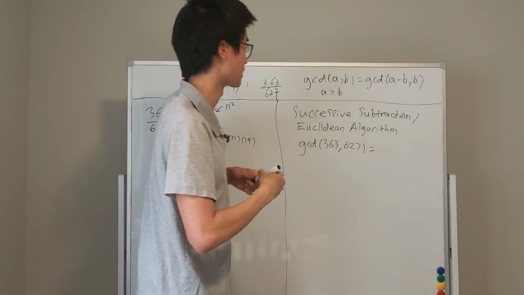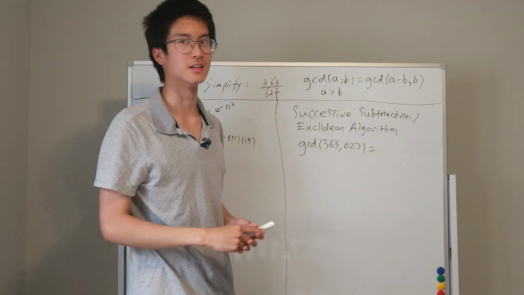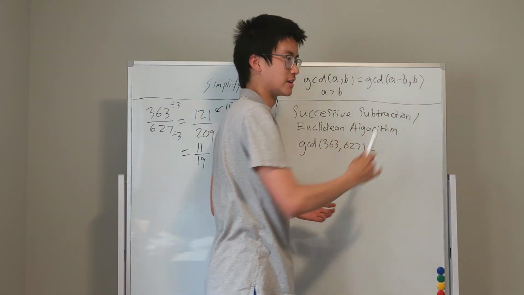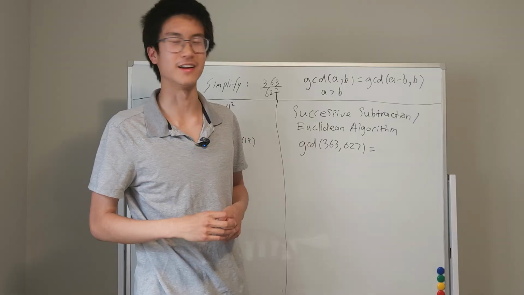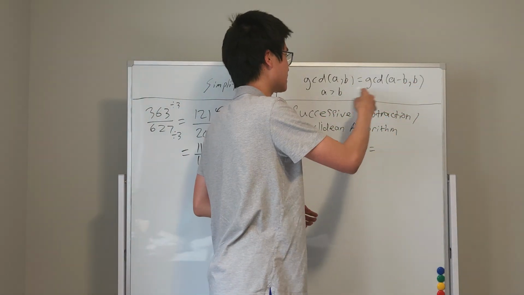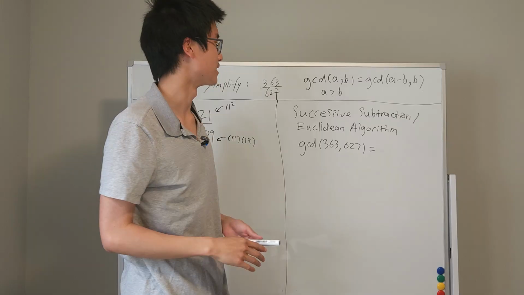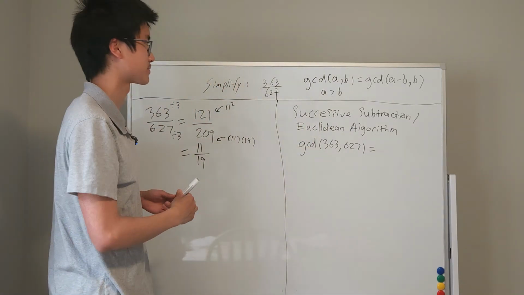So this is what the Euclidean algorithm says, and we call it successive subtraction because if this is not clear enough, if we still can't eyeball it and find this value, we can continue subtracting whichever number is greater from the smaller. So this is also why we call it successive subtraction.